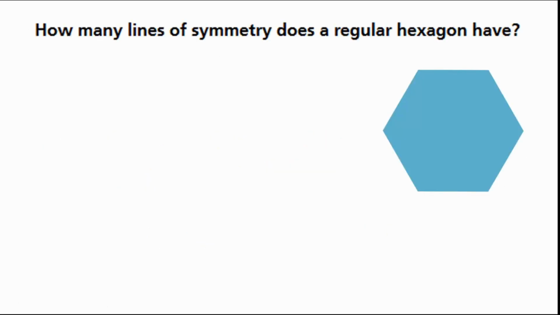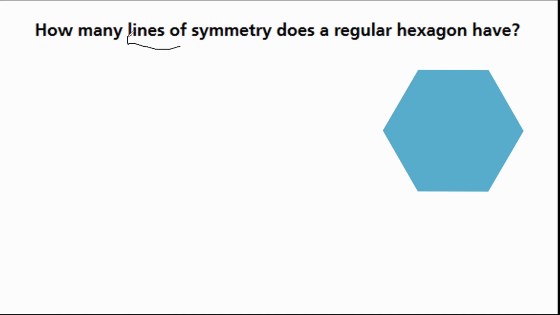And to do that, what we need to do is look at an example. So it says, how many lines of symmetry does a regular hexagon have? When we're asking for lines of symmetry, that's when we're talking about reflectional symmetry. How many lines can I fold this shape along that will map or will fold onto itself?